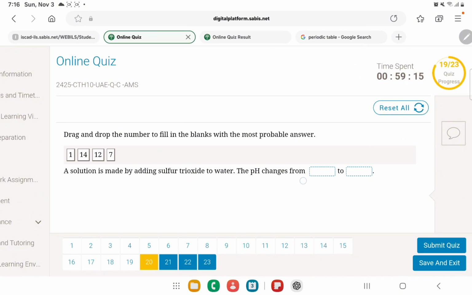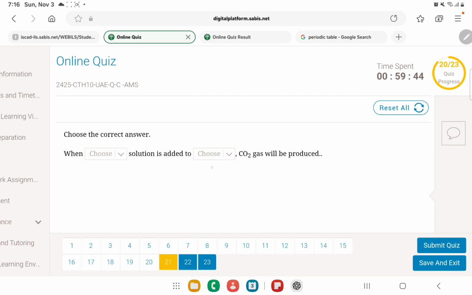The pH changes from, okay, so we know water is neutral, so it's going to go from 7 to acidic, so 1. When what solution is added to what, CO2 is produced? We know that CO2 is produced when carbonate and acid react. So carbonate and acid, or acid and carbonate, same thing.